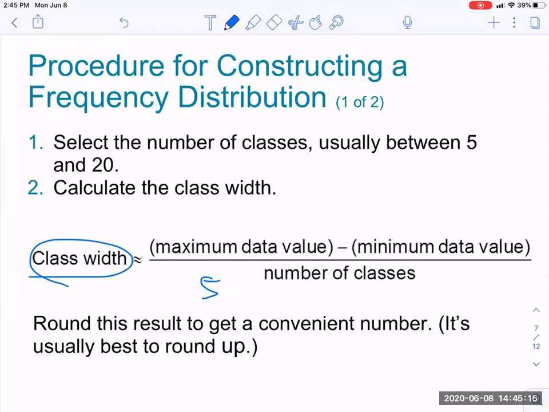They say between 5 and 20. I don't know if I've ever done one with 20, but that's if you have a big spread in the data. So I usually start with 5, and if I need more, maybe I'll jump to 8 or something. But I usually don't go less because then your data gets too constricted and you lose the story you're trying to tell.